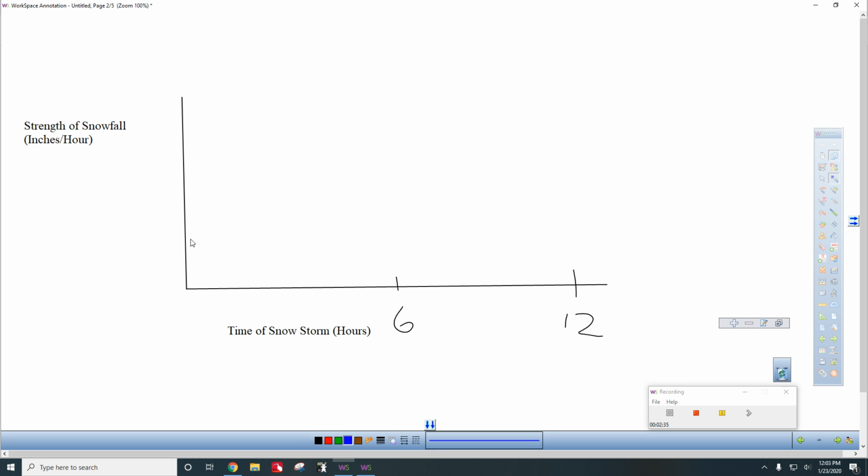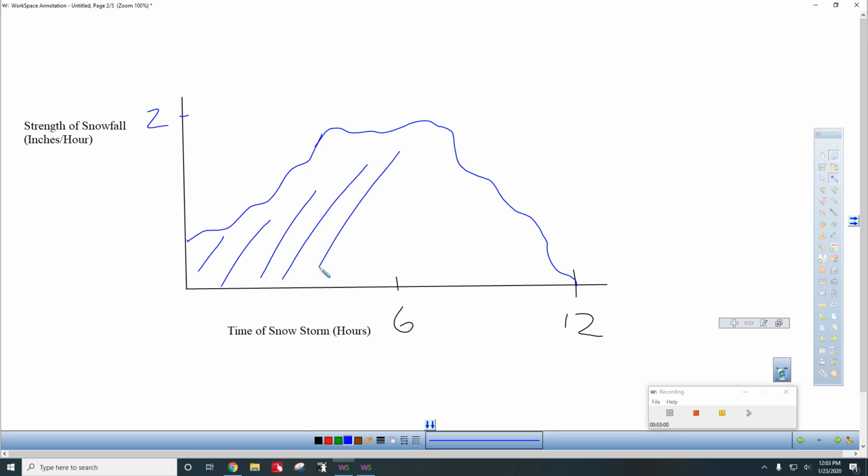So maybe it started out snowing pretty light, and maybe this is 2 inches an hour, which is a lot of snow. And then it snowed really heavy, and then it trickled off. Well, would we ever want to find the area under that curve? Because I can tell you, the only way to find the area of that shape is calculus.